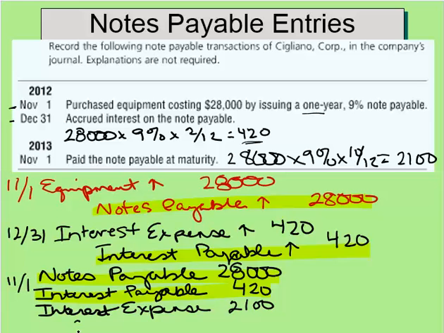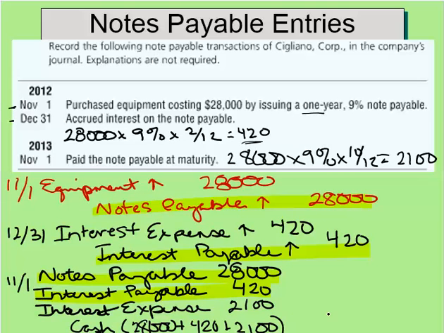And then the credit to cash to pay it all off, all the monies that we owe, which is the face value of the note, plus $420 in interest for the last 2 months of 2012, and then $2,100 for the first 10 months of 2013. And that should be $30,500.